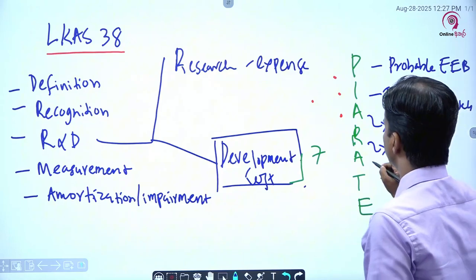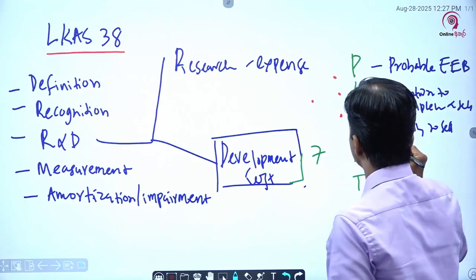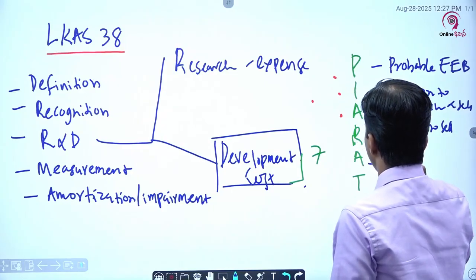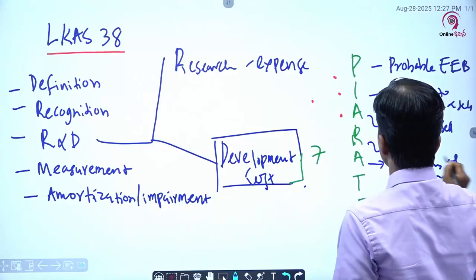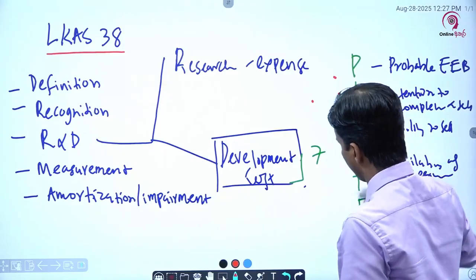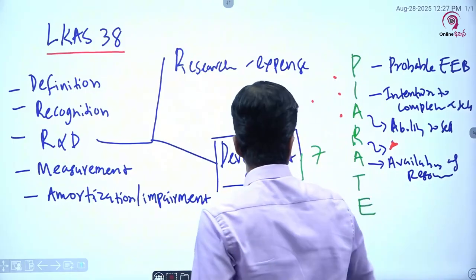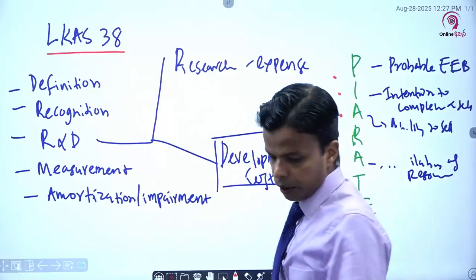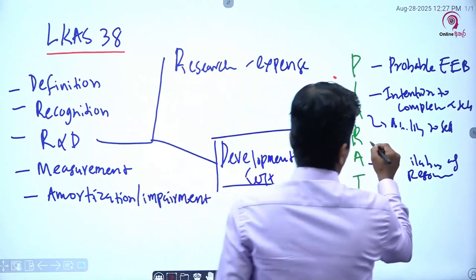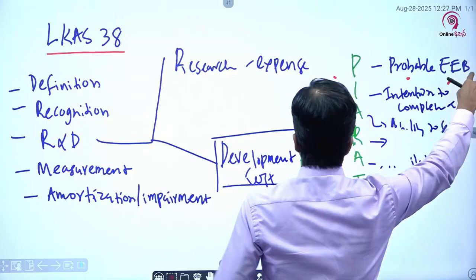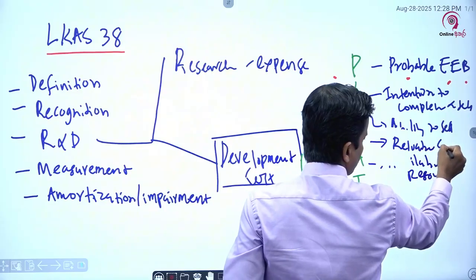Then availability of resources. You must have resources, right? And R is for reliable cost estimate.